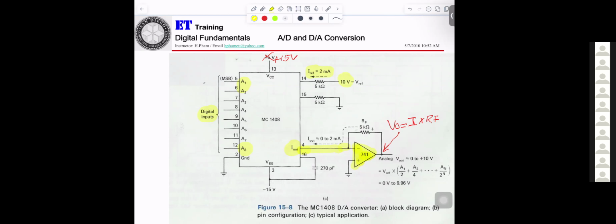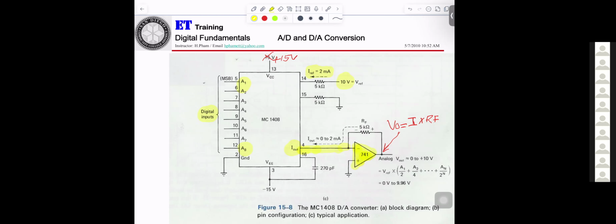Okay. For this DA converter, the reference current coming in maximum is 2 milliamp. Okay. And the current coming out, same thing, maximum will be 2 milliamp.